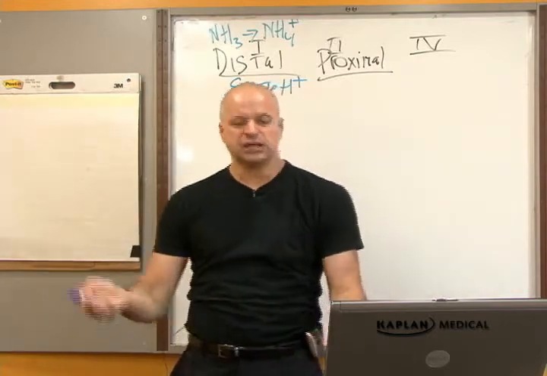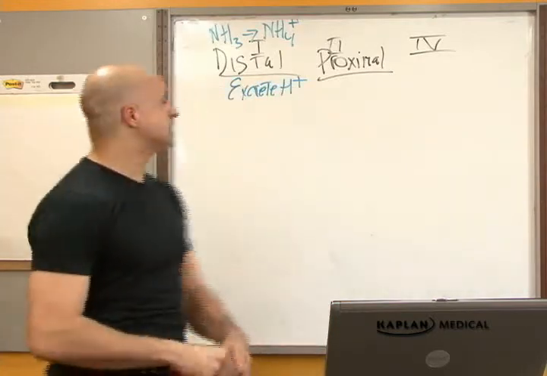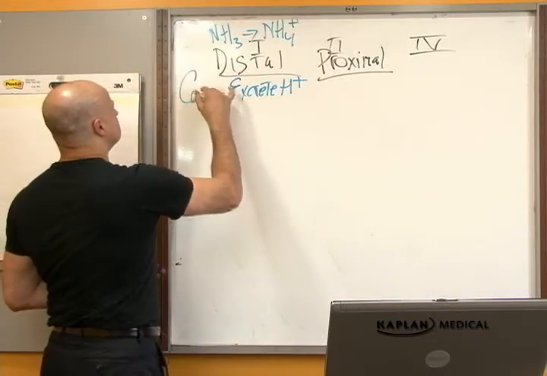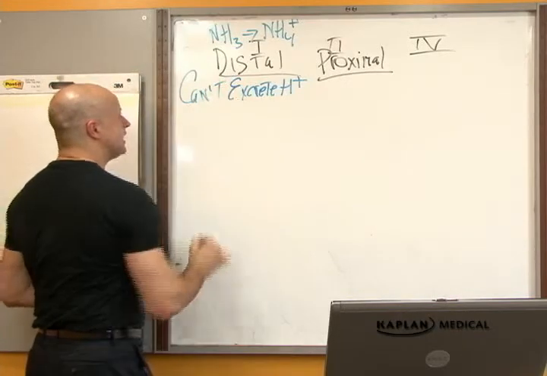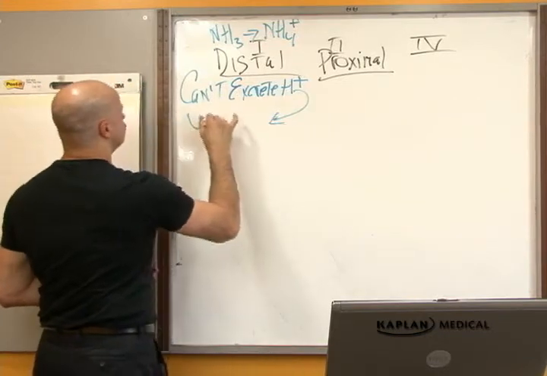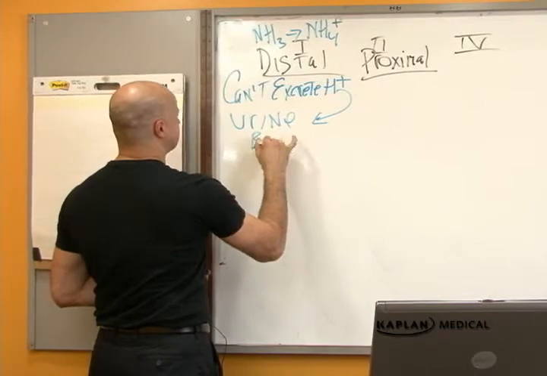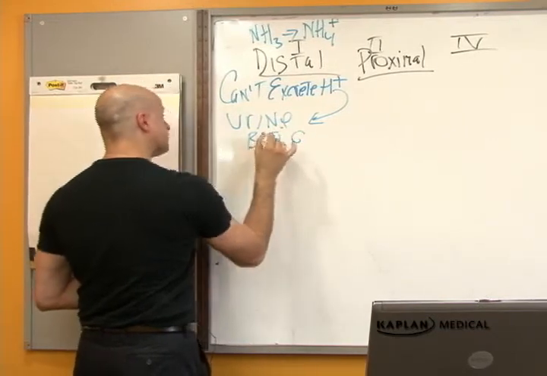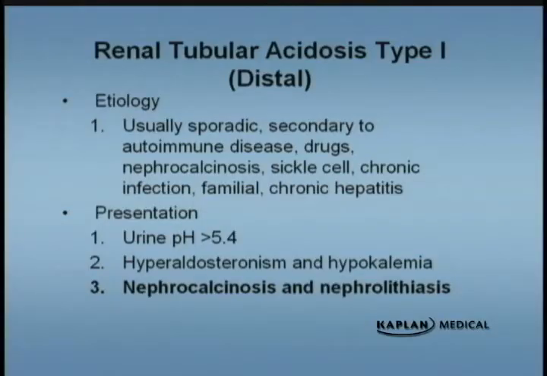Now the problem in a type 1 RTA is that you can't excrete the acid. And because you can't excrete the acid into the kidney tubule, the urine stays basic.